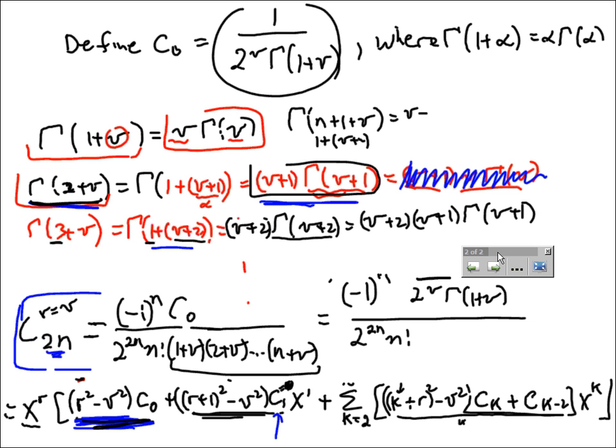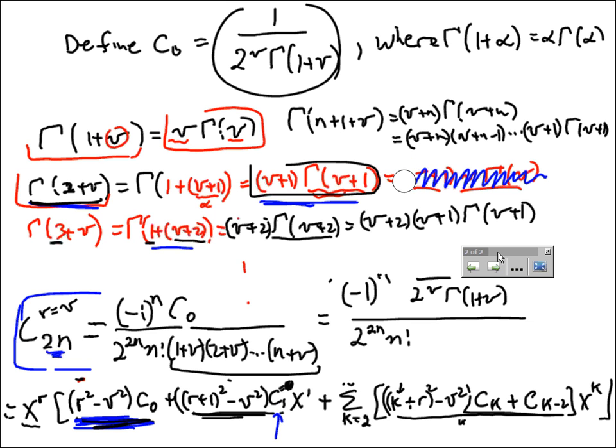Well, it would be v plus n times gamma of v plus n. But if we keep expanding, we get v plus n times v plus n minus 1 all the way down to v plus 1 times gamma of v plus 1. That's what we get.